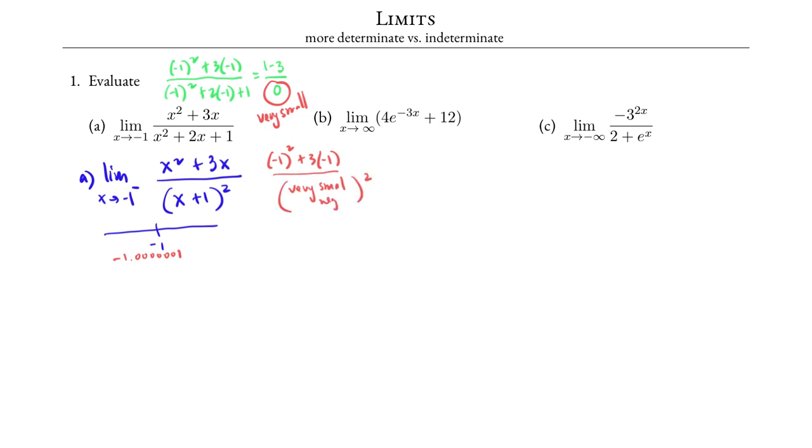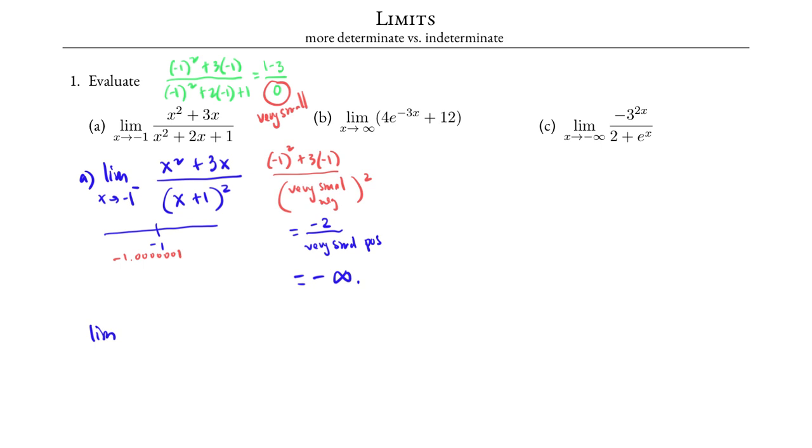The numerator is -2, because (-1) squared is 1 minus 3 is -2, over a very small, but this time positive number, because a negative number squared is positive. And so on the left-hand side of -1, the limit is negative infinity.